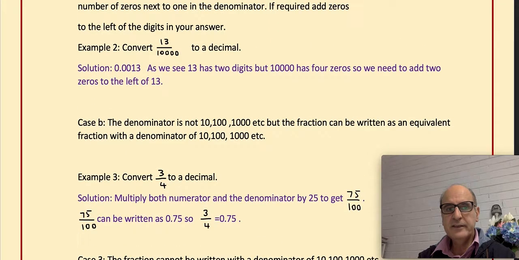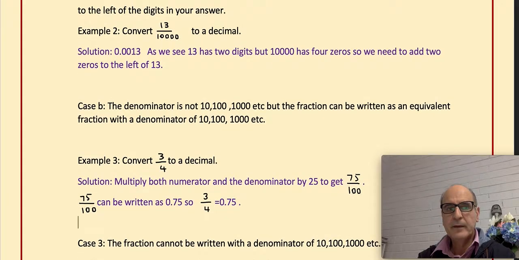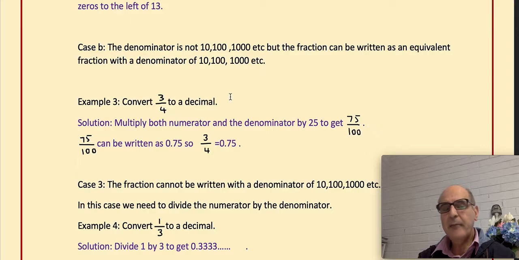Another case is when your denominator is not 10, 100, 1000, 10,000, and so on, but it can be turned into one of them. If you remember the concept of equal fractions, we can times the top and bottom of any fraction by any number.